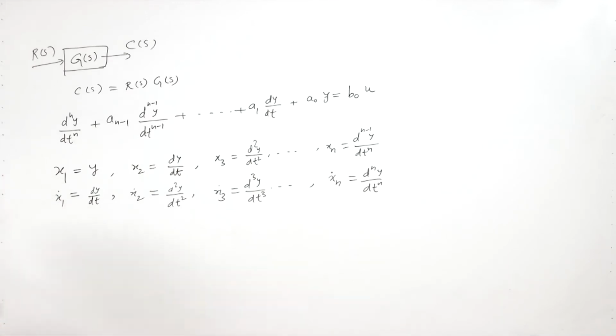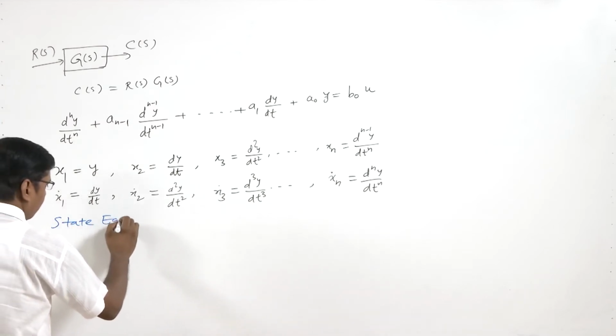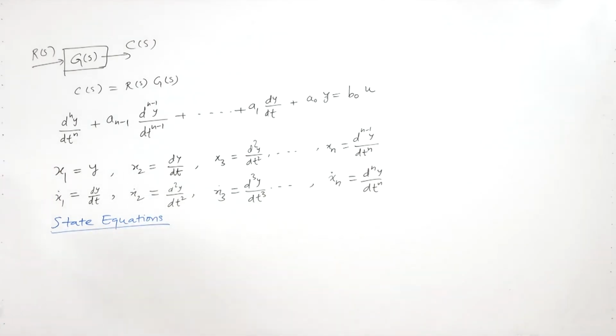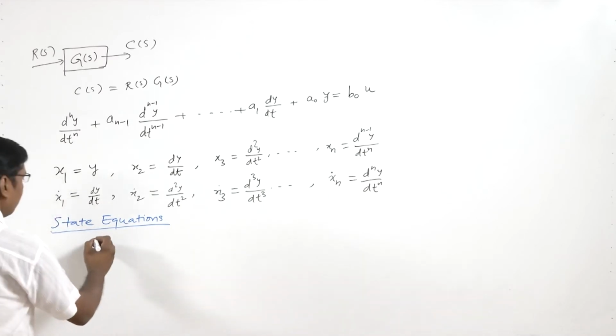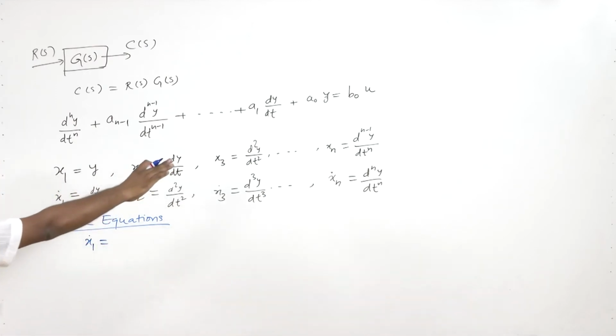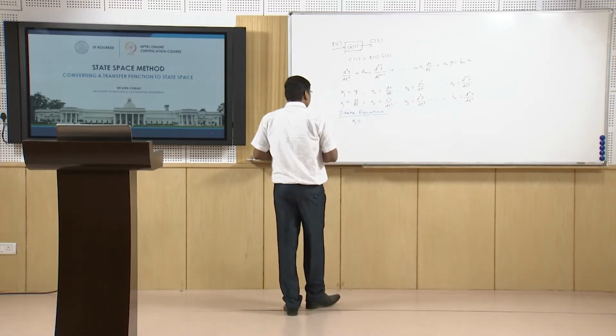So now we have to write the state equations. We have x1, x2, x3, xn, and these are the phase variables.